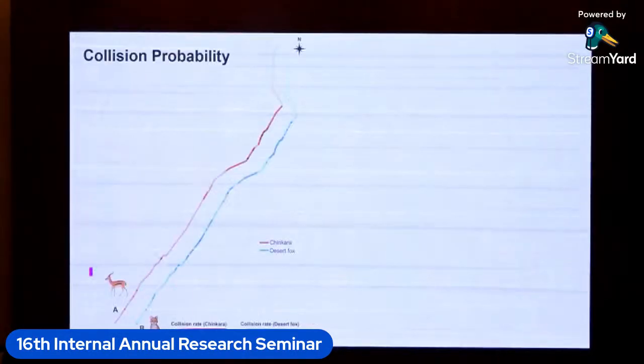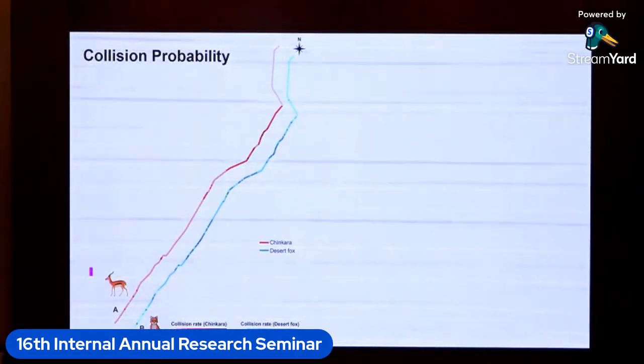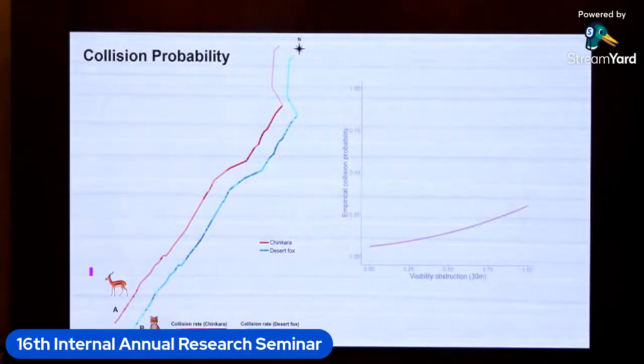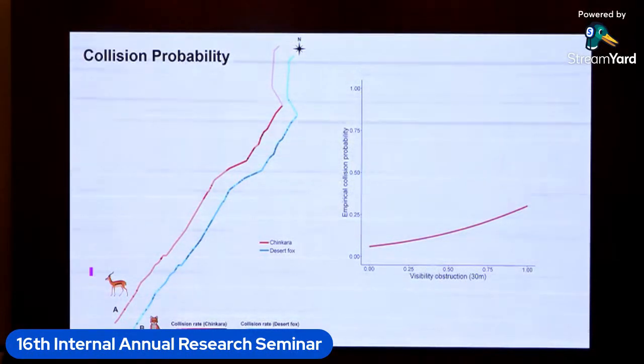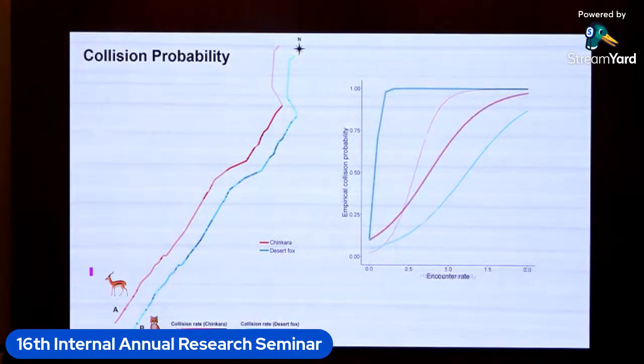Now coming to the collision part. In the end, by merging the collision probabilities, we generated the spatially explicit collision probability for both key species. We assumed that visibility obstruction influences the collision probability of Chinkara, and that collision probability for Chinkara and desert fox is positively influenced by habitat connectivity and encounter rate.